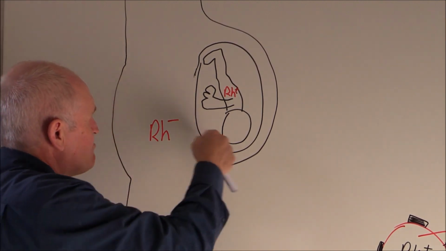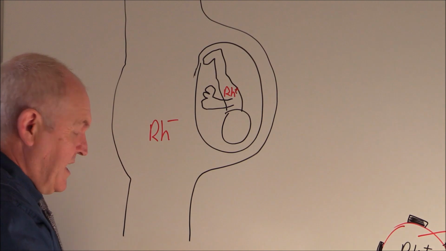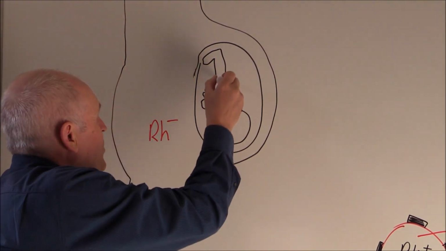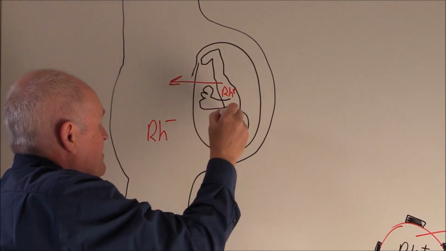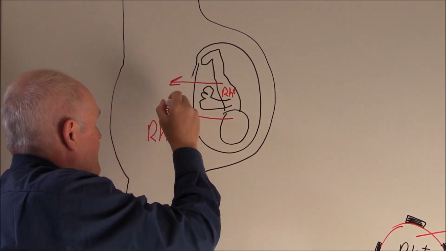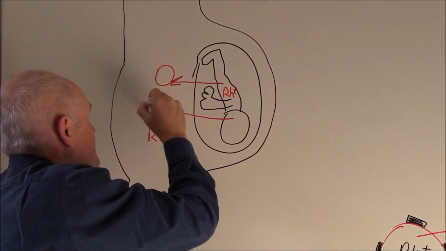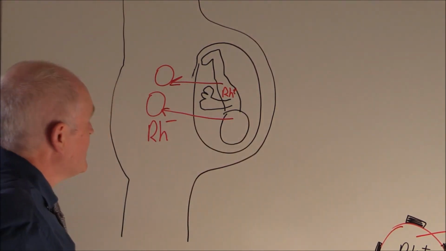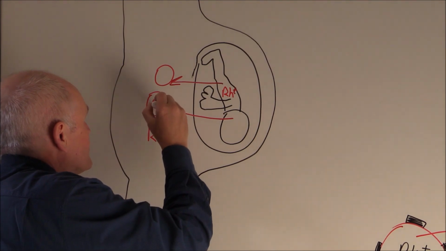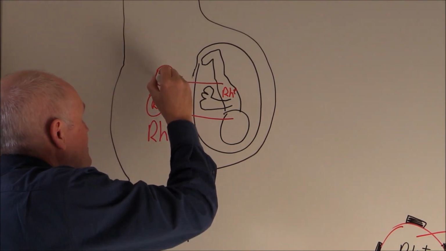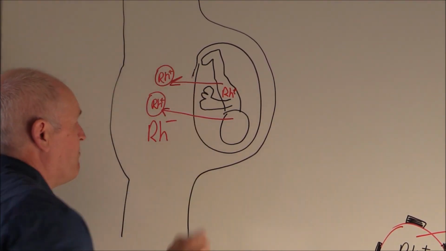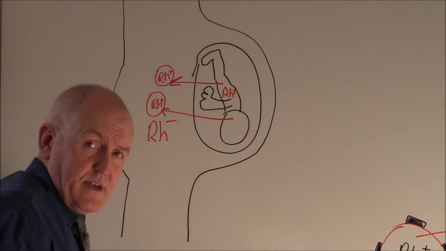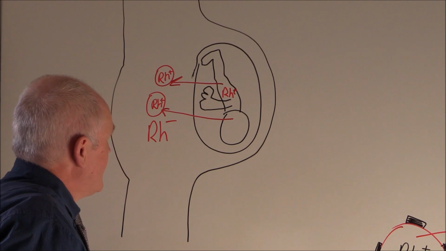But now she carries the rhesus positive fetus, and some of the rhesus positive fetus's red cells will get into the maternal circulation. Some of the baby's red cells through this fetal maternal haemorrhage will get in. And of course the baby's red cells are rhesus positive. And this will certainly happen during delivery if it hasn't already happened in the later stages of pregnancy.